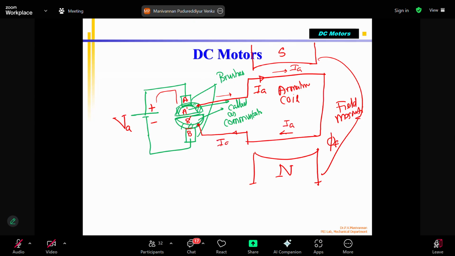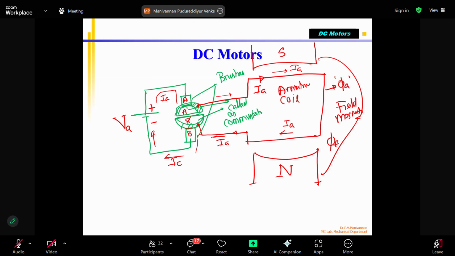Again, here it is coming back. And finally, it comes through like this. This is IA, to commutator part B, brush B, and finally ends at the negative terminal. So current flows. Because of that, since current is flowing, phi A is created.